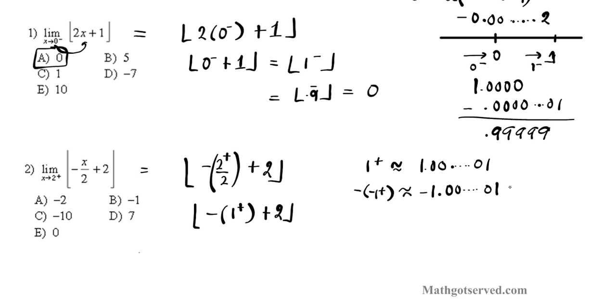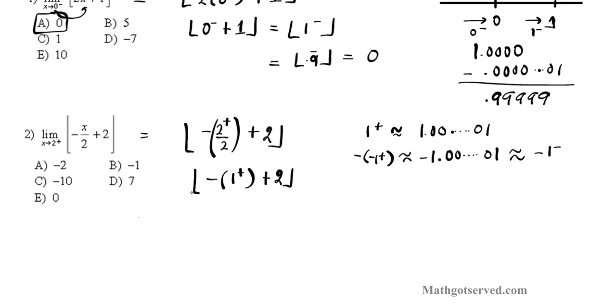What is this? This is an approximation of negative 1 from the left. So when you take the opposite of 1 from the right, this minus changes both the sign of the number and the directionality, so you want to keep that in mind. So this is going to become the floor of negative 1 from the left plus 2.